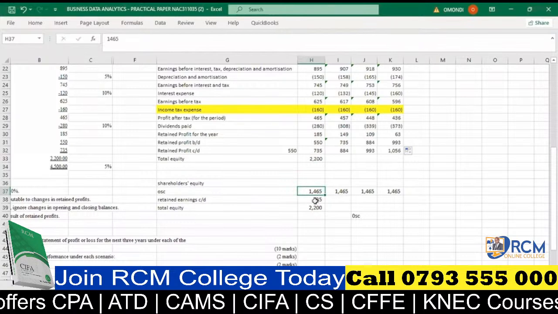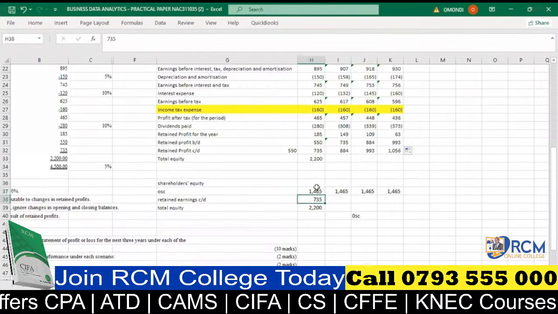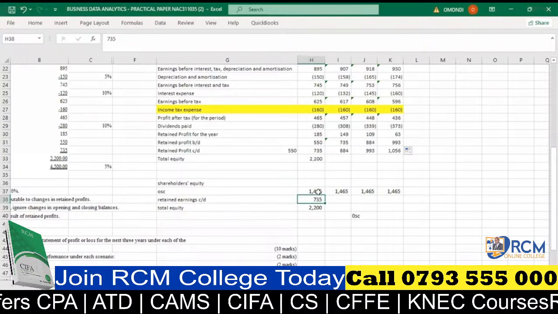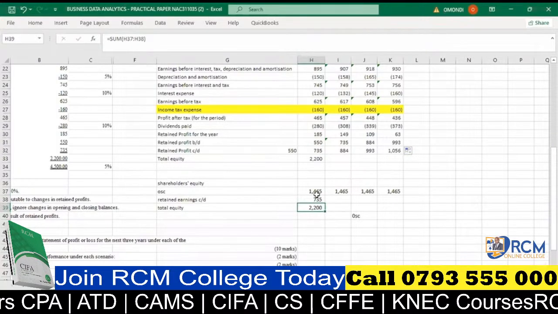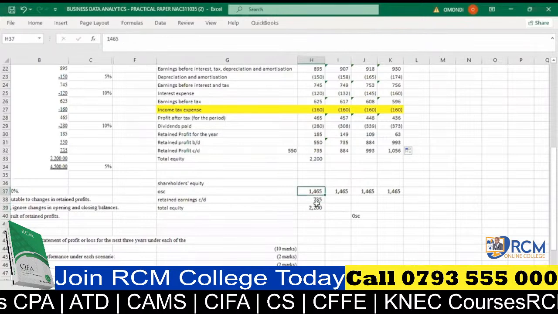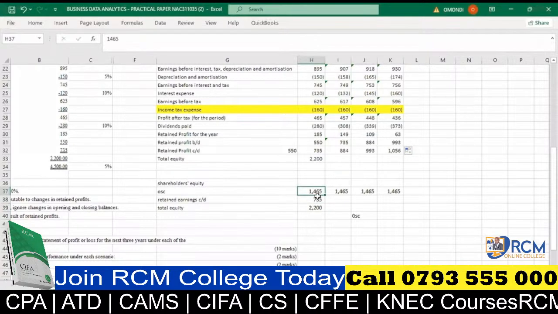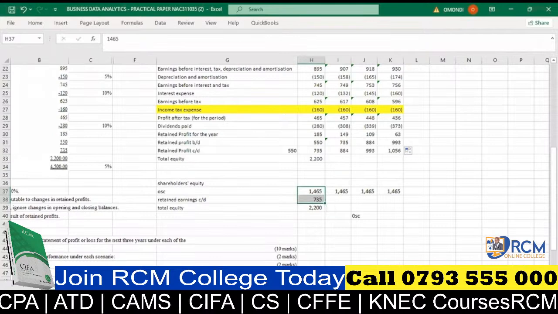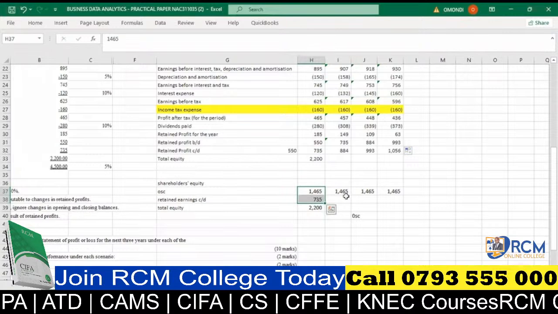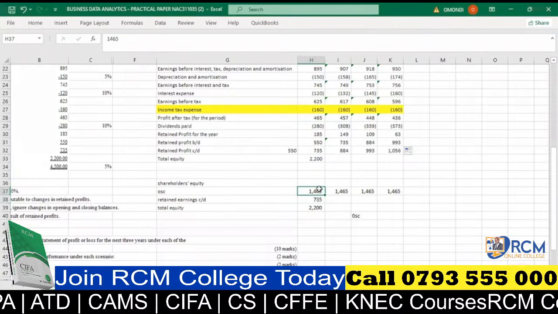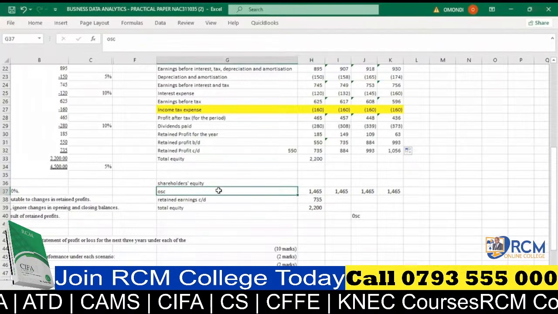So if we have 735, we add it to an unknown value, which is the ordinary share capital, we'll be able to get 2200. That unknown value happens to be 1465. If you add 1465 to 735, unapata 2200. Sasa tumekuja hapa tukapata 1465.